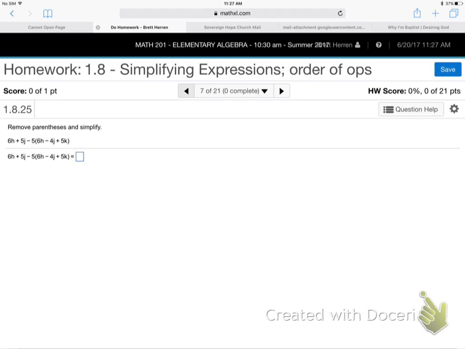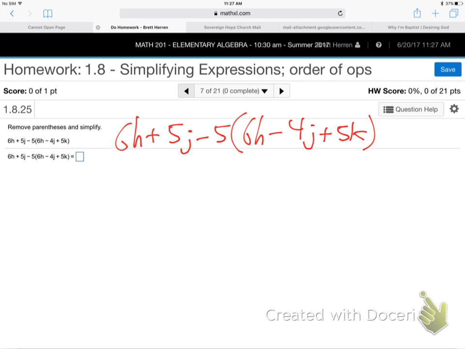So we have 6h plus 5j minus 5 parentheses 6h minus 4j plus 5k. Yeah, so you know what to do. You've got a minus 5 up against the parenthesis wall.